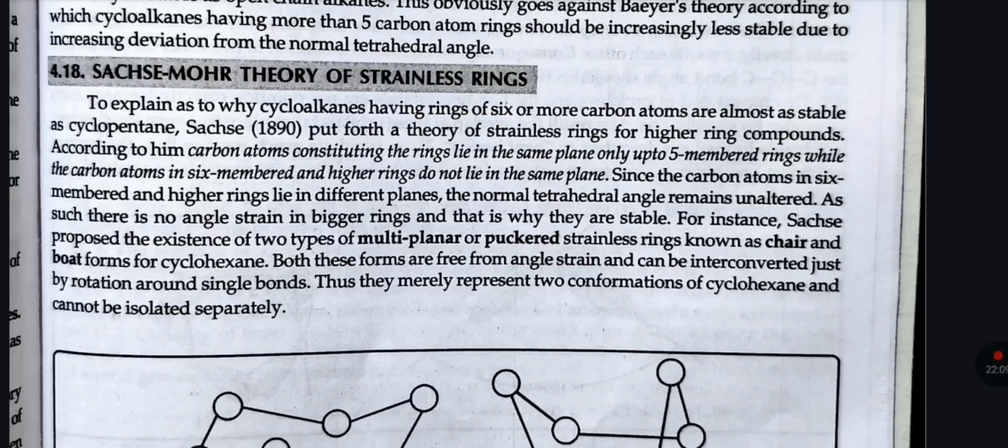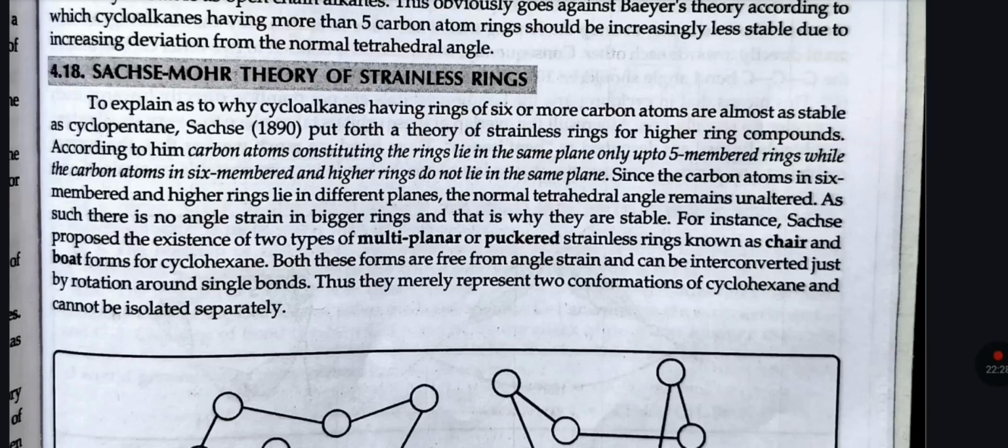Since the carbon atoms in a six-membered and higher ring lie in different planes, the normal tetrahedral angle remains unaltered. As such, there is no angle strain in a bigger ring, and that is why they are stable.